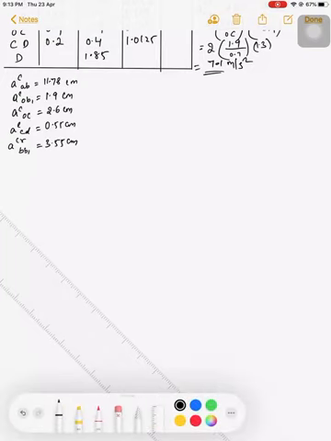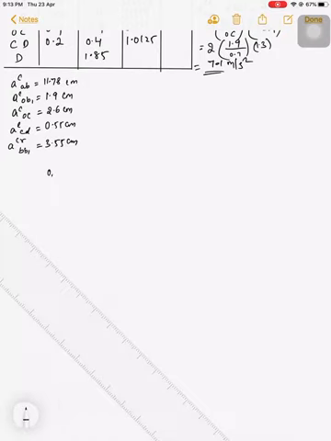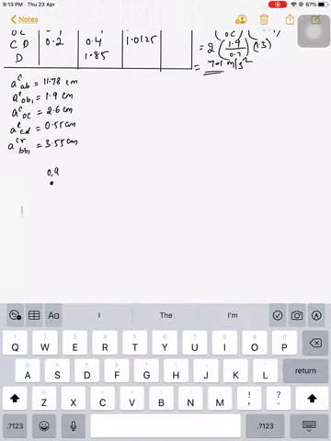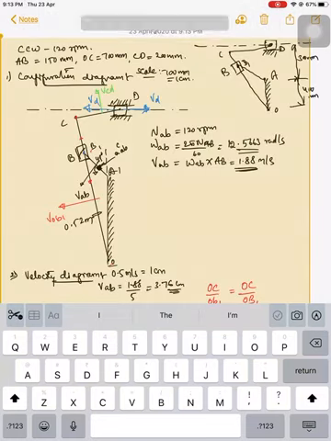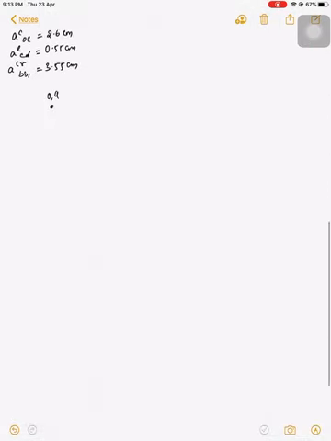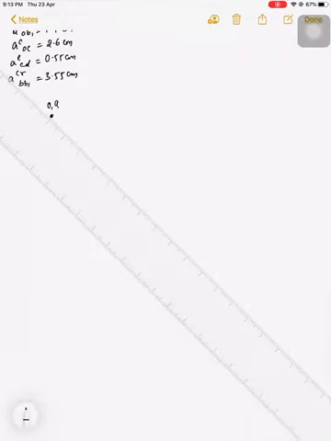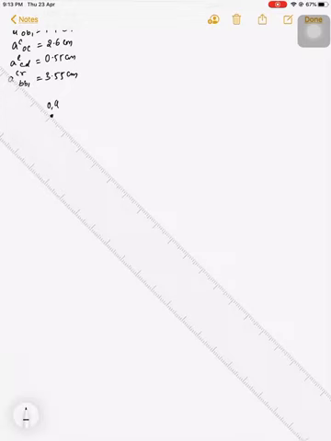From point O comma A, I will measure 11.78 or 11.8, that is 1, 2, 3, up to 11, 11.8.